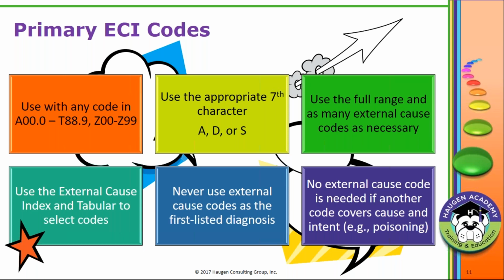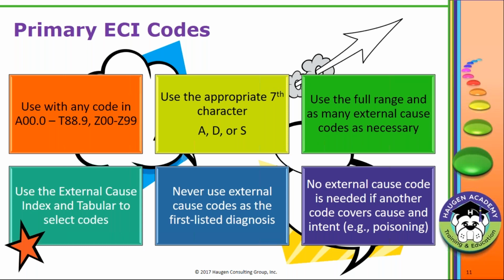They also say to use the full range and as many external cause codes as necessary. And that can be a little tricky because some of the codes are difficult to find, and sometimes you're not really sure how many you should be coding. So we will talk a little bit about this in some more detail. They also say to use the external cause, injury, and tabular to select codes.